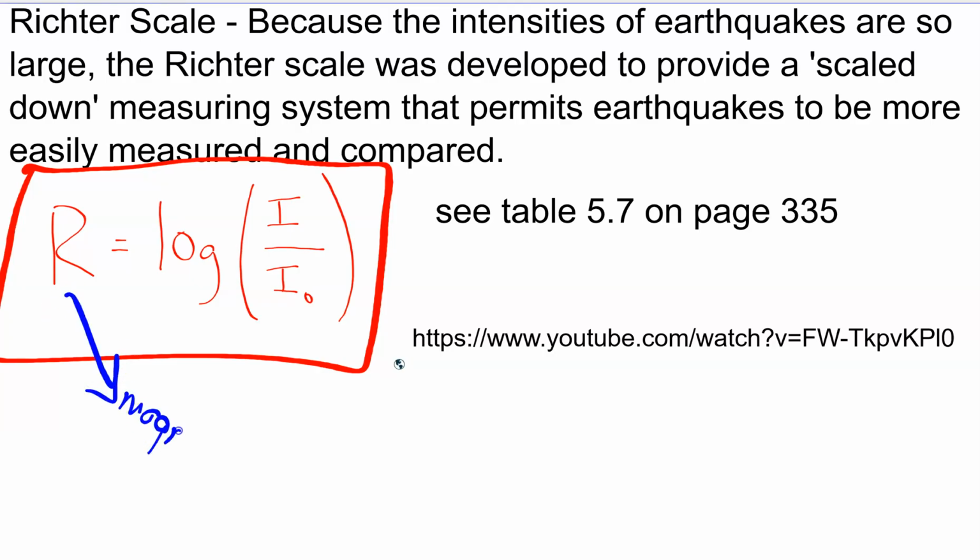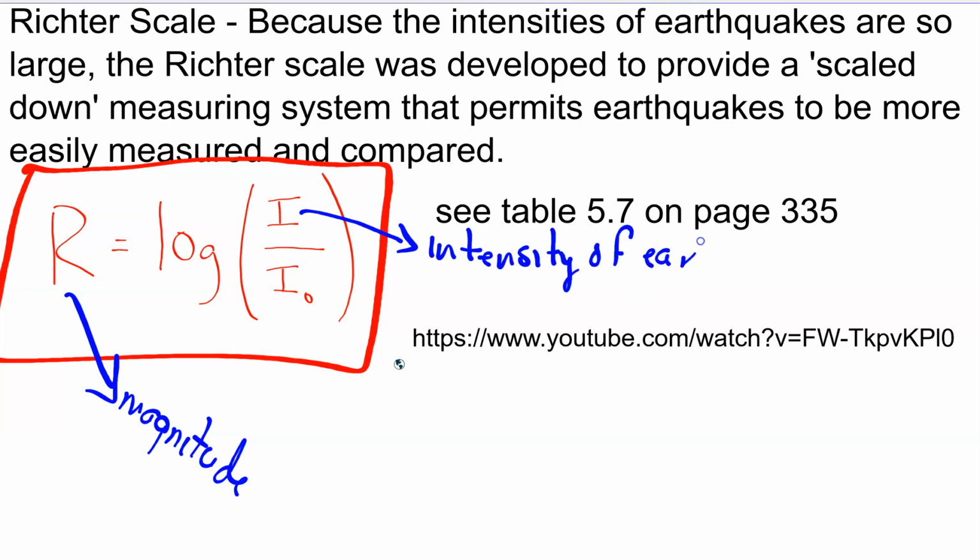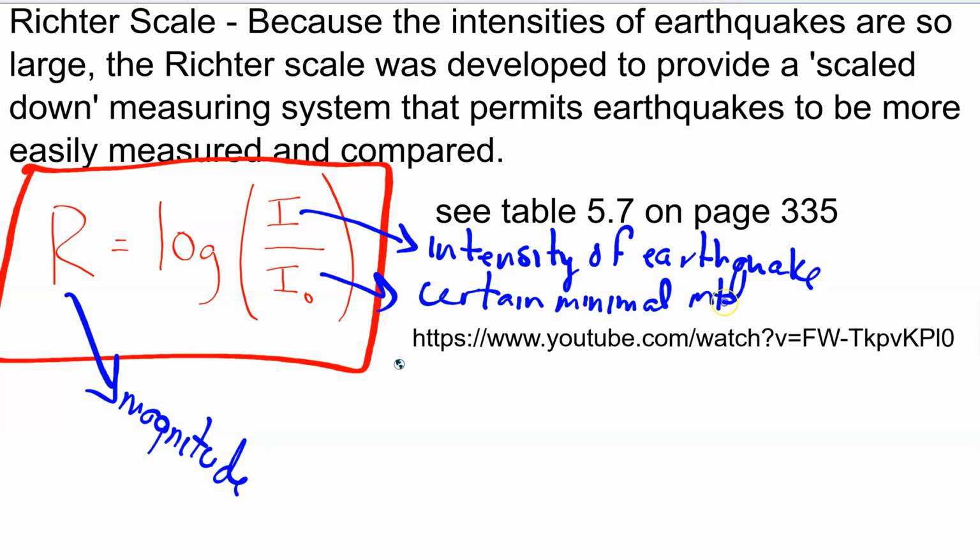The magnitude of the earthquake equals the log of I, the intensity of the earthquake, divided by I naught, which is a certain minimal intensity used for comparison.